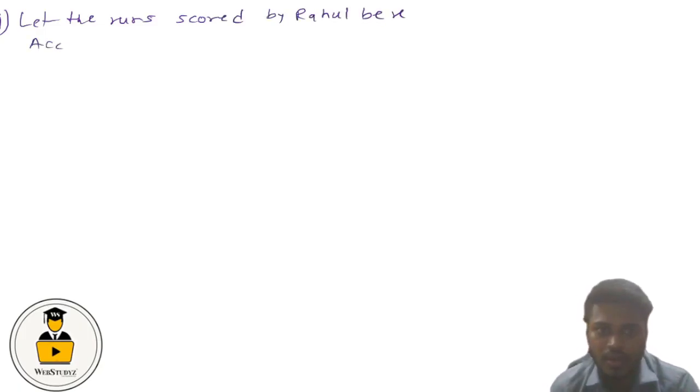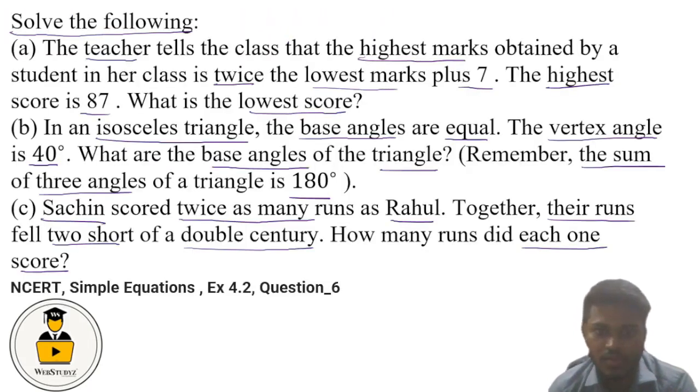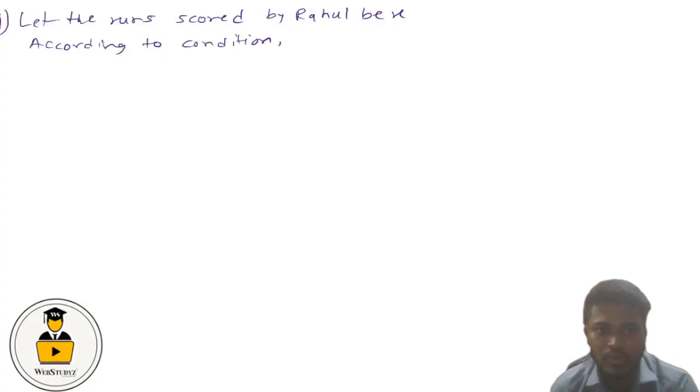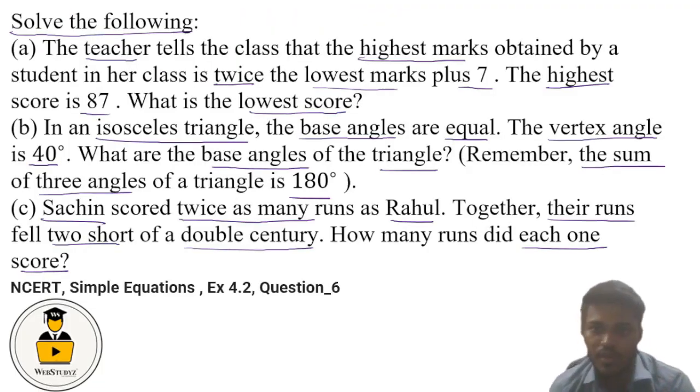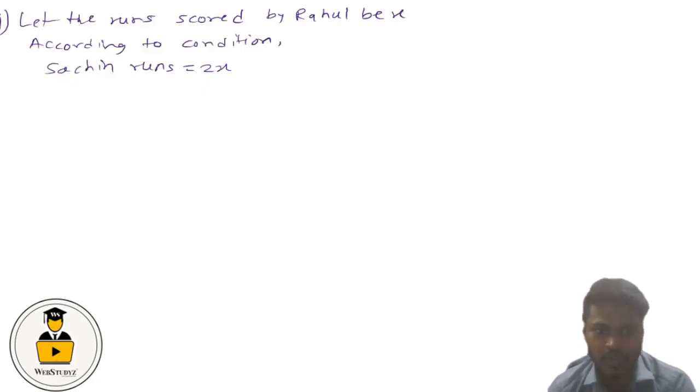According to the condition, the runs scored by Sachin are twice those of Rahul. Rahul's runs are x, so Sachin's runs will be 2x. We have also been given the condition that together their runs fell too short of a double century.